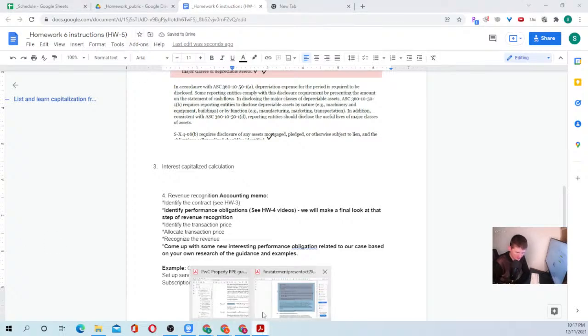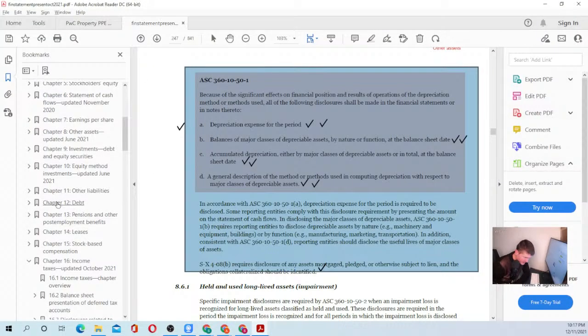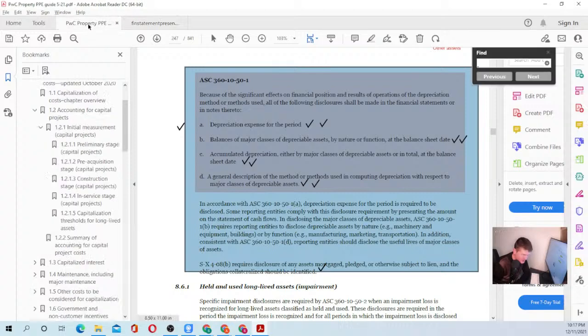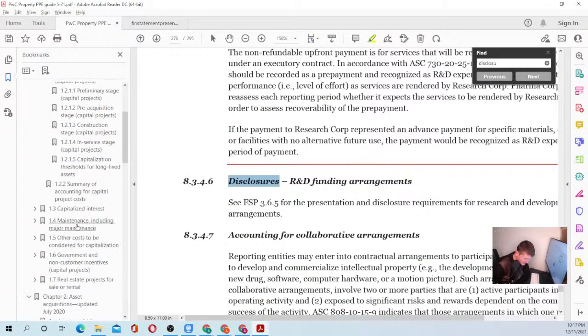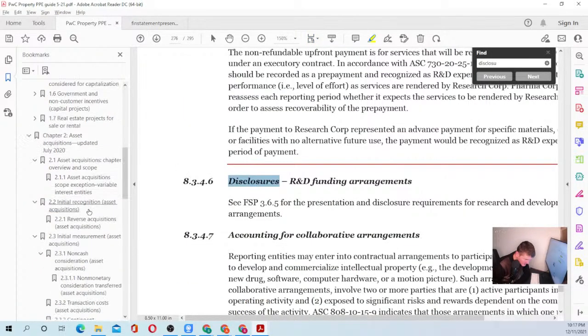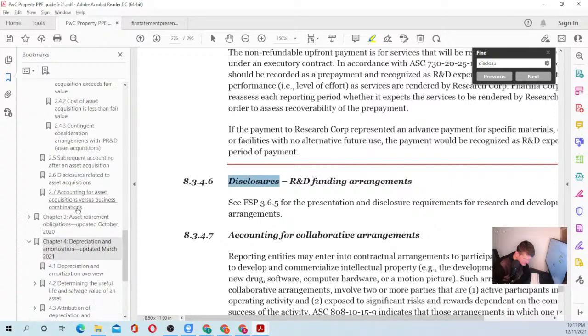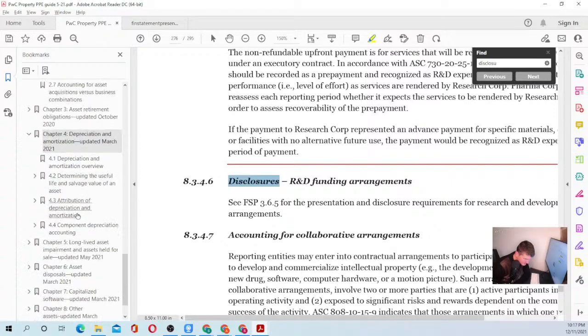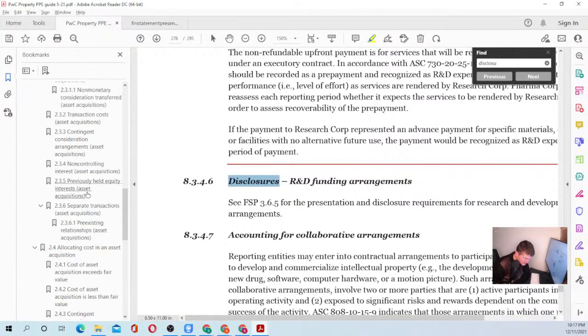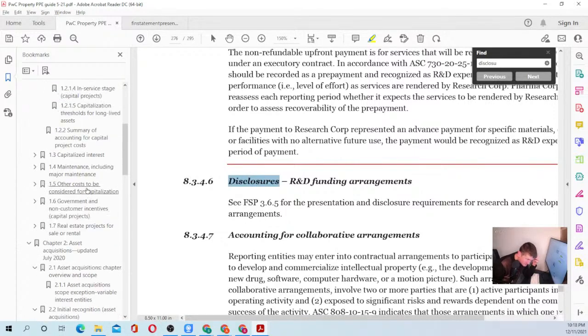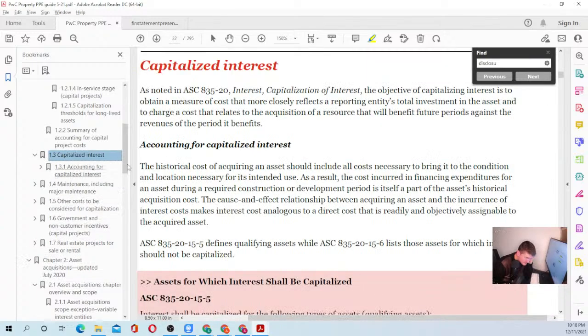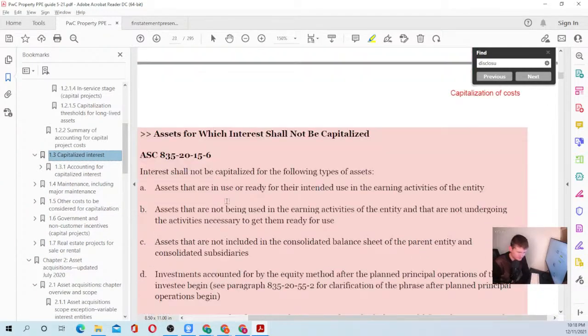Let's go to our guidance and let's go to interest capitalized. Let's see where it is.